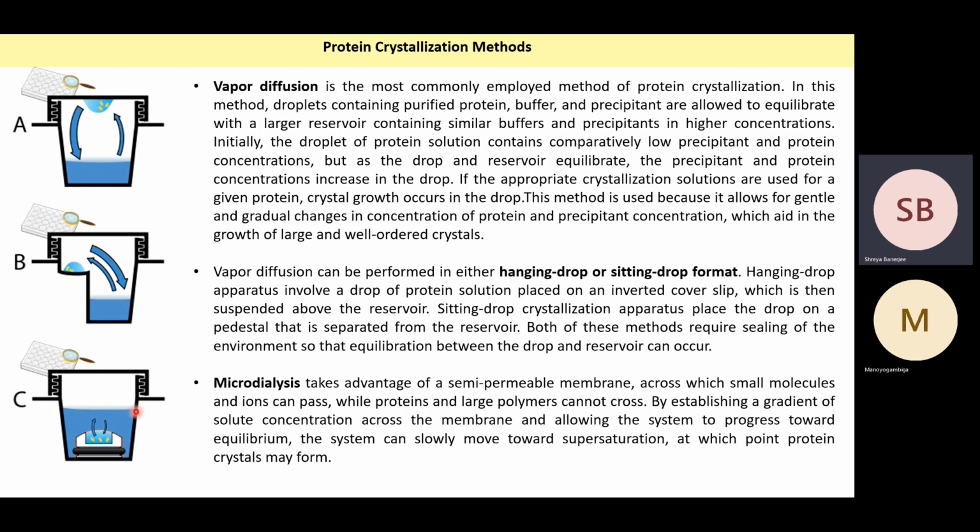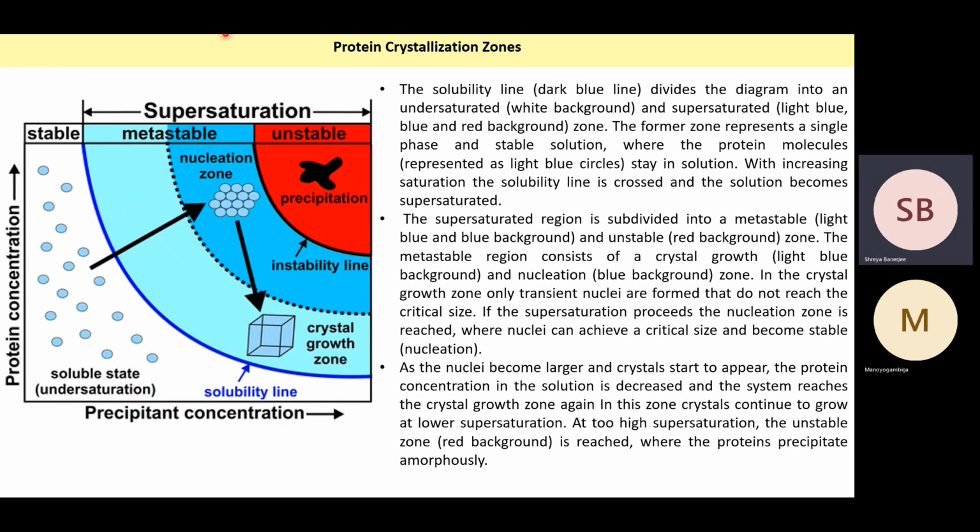So the difference between microdialysis and vapor diffusion is that in microdialysis, a semi-permeable membrane is involved. But in all three, the common factor is that there is an equilibrium forming between the protein solution and the reservoir. And due to this equilibrium, there is a supersaturation occurring in the protein solution, which leads to the formation of the crystals. Now, there are several zones of crystallization, which we will study now.